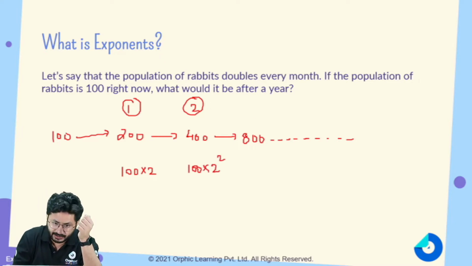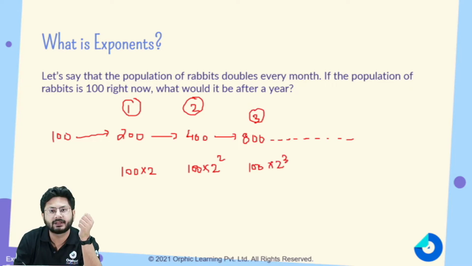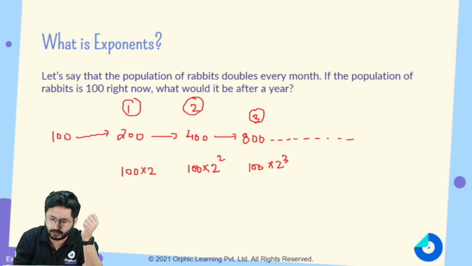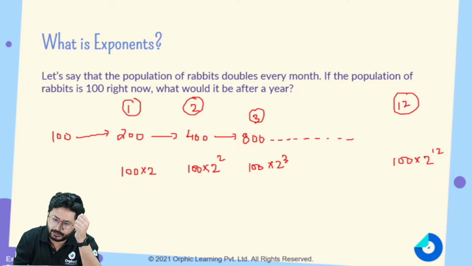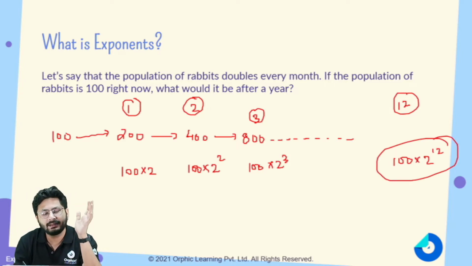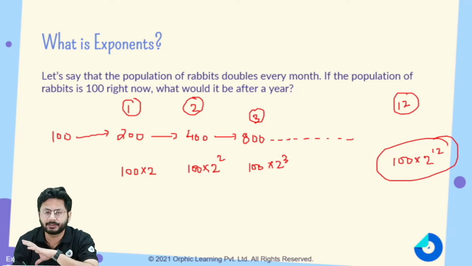After the third month, it would be 100 into 2 cube. And after the 12th month, obviously it will be 100 into 2 to the power 12. So this reduced our effort of writing. This is the basic use of exponents and powers.